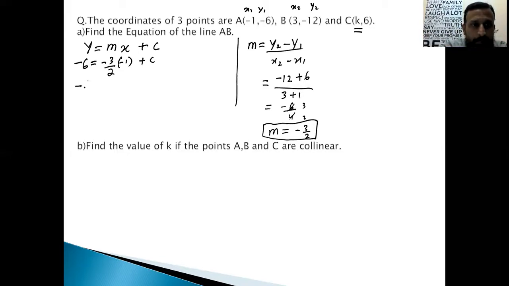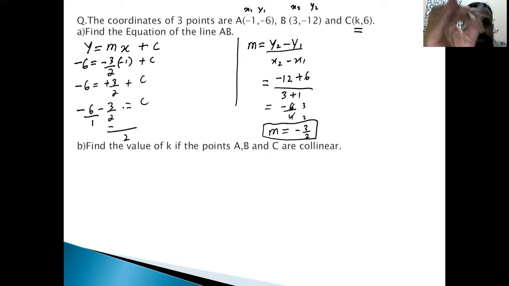So negative 6 equals negative negative positive 3 upon 2 plus c. 3 upon 2 moves to this side and becomes negative 3 upon 2, equals c. We can take the LCM here as 2. So 2 6s are 12, negative 12, negative 3 makes negative 15 upon 2. That is your c.